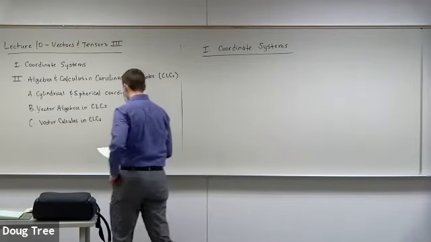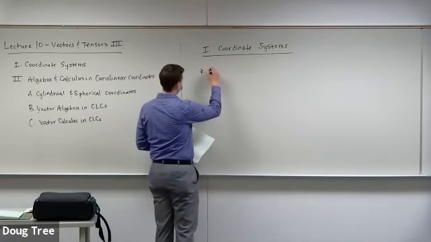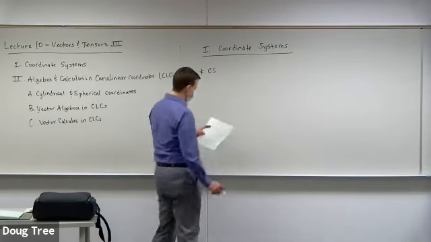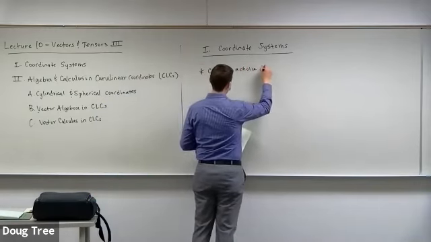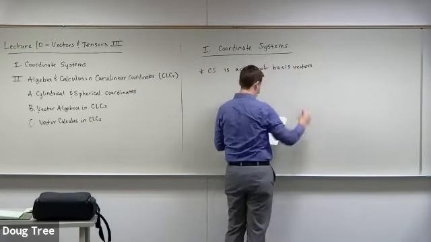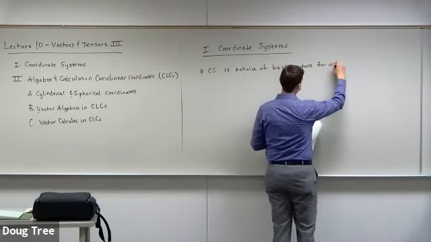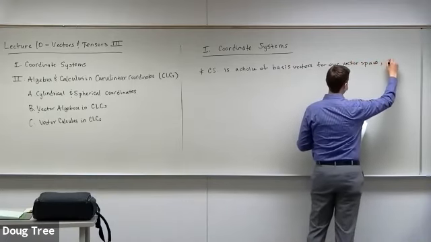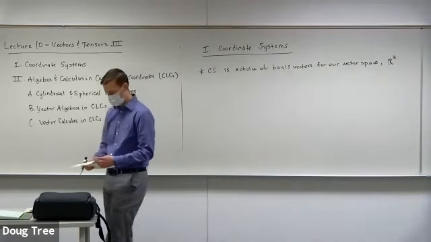If you remember, we said that a coordinate system is a choice of basis vectors for our vector space, which in this case is R3, mostly the one we care about, 3-dimensional space.